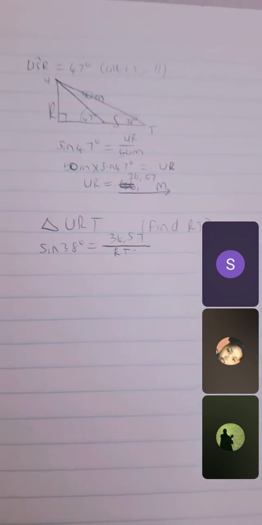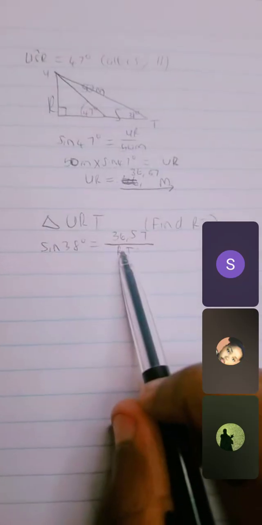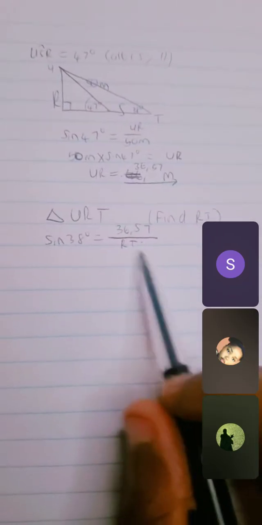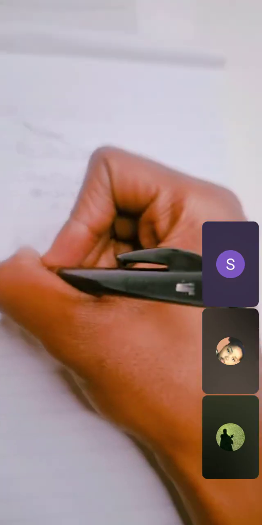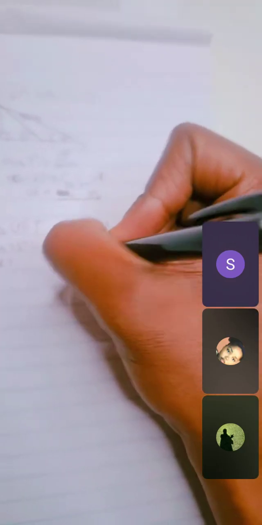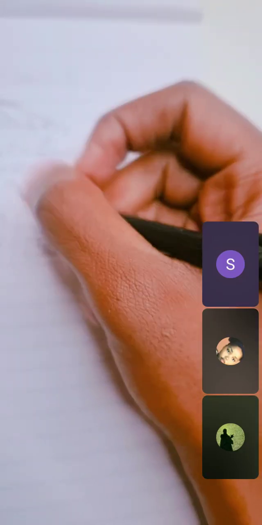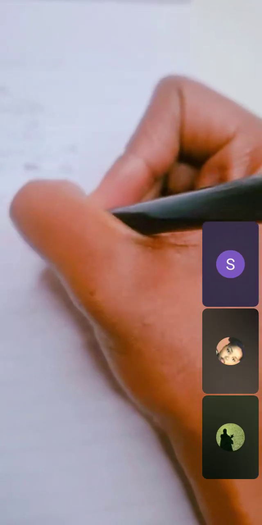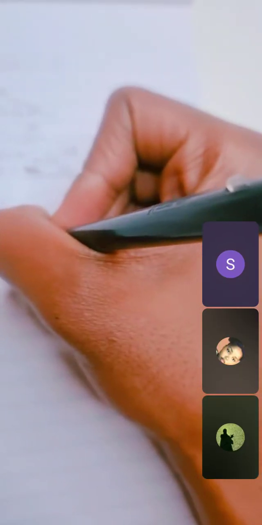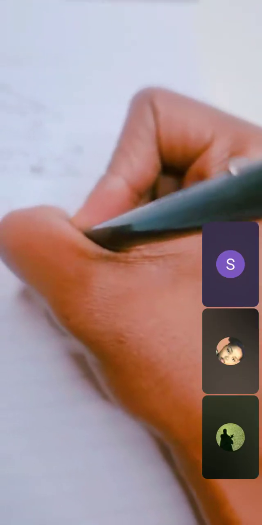Are we together? Then we interchange, not cross multiply. RT replaces sine 38, sine 38 replaces RT. So 36,57 meters divided by sine of 38.